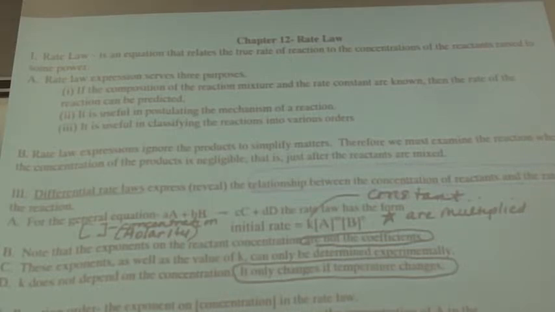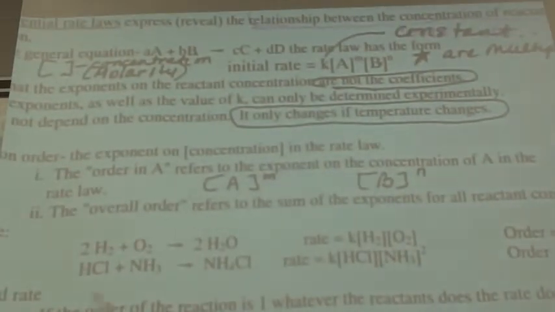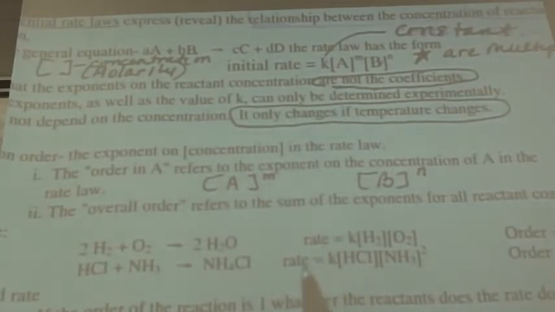The overall order refers to the sum of the exponents. Here is a reaction: 2H2 plus O2 yields 2H2O.